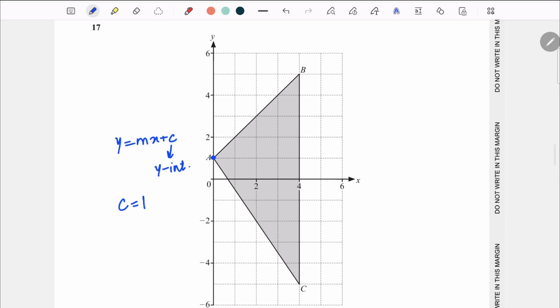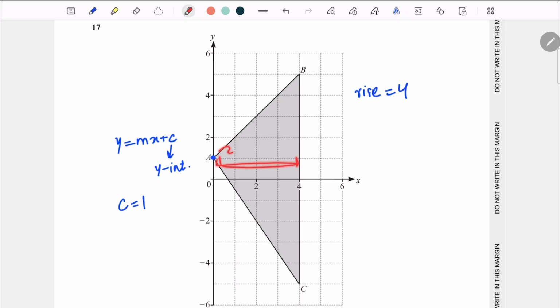The gradient is basically rise over run. This part is the rise and this part is the run. So the rise: this A is 1 and this part is 5. So 1 minus 5 is 4. Rise is 4. And the run is basically this part.